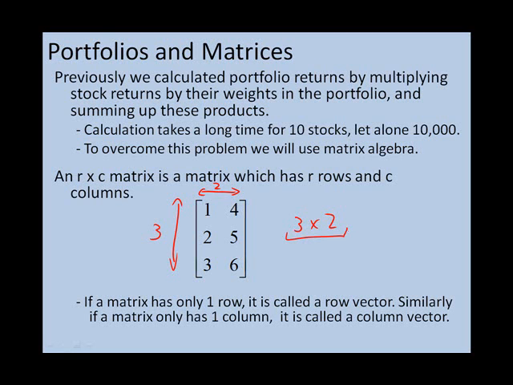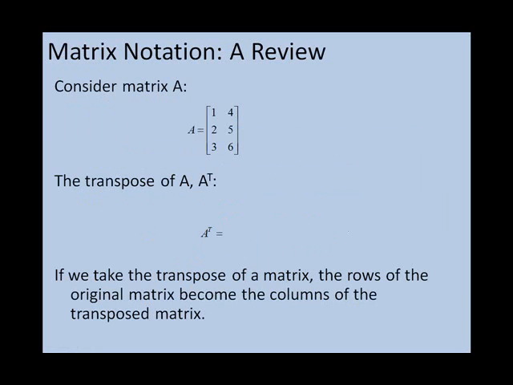Now let's review some matrix notation. Consider matrix A. It's our 3 by 2 matrix. We can calculate something called the transpose of A. The rows of the original matrix become the columns of the transposed matrix.